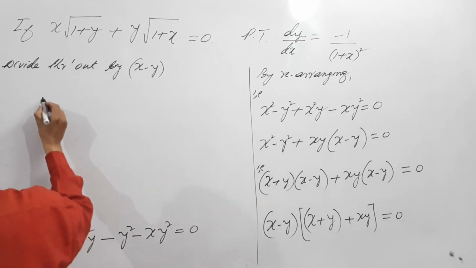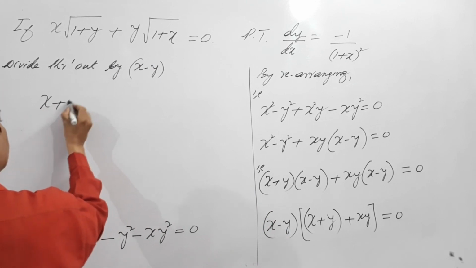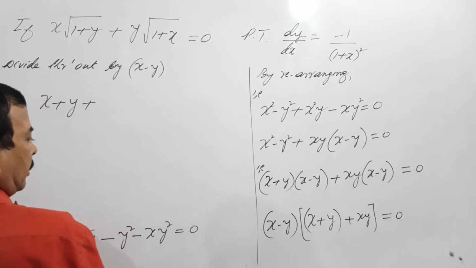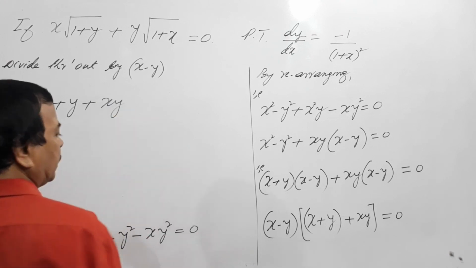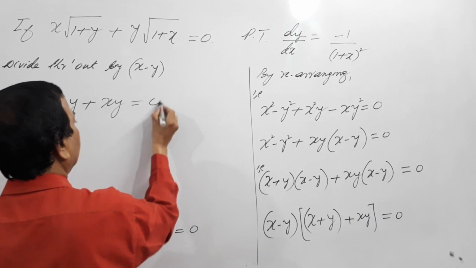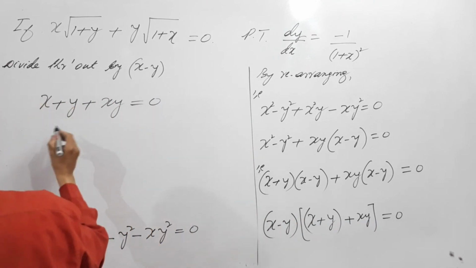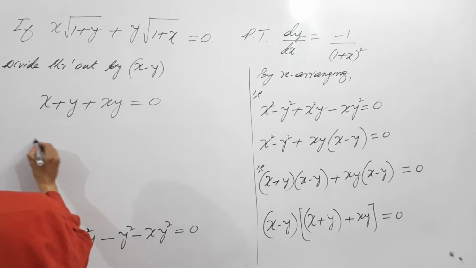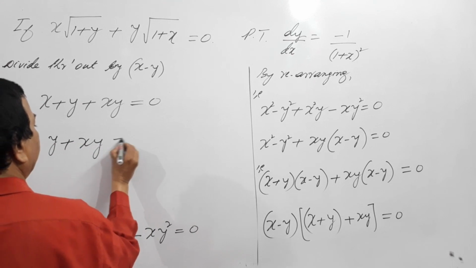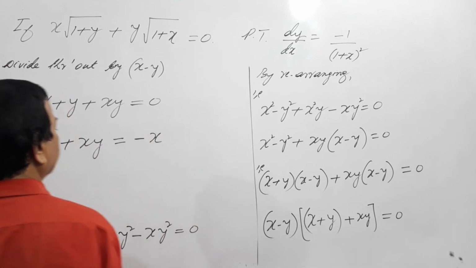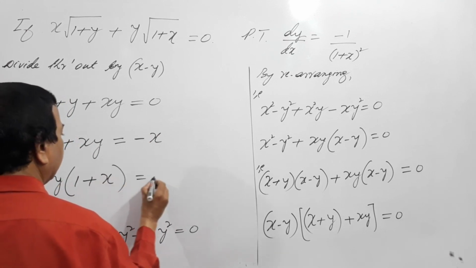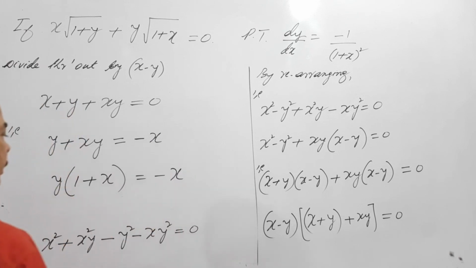So on the left hand side it becomes x plus y plus xy, on right hand side 0 by x minus y becomes 0. So I set this x on the right hand side, that is y plus xy equals to minus x, and y is common here, y into 1 plus x equals to minus x.